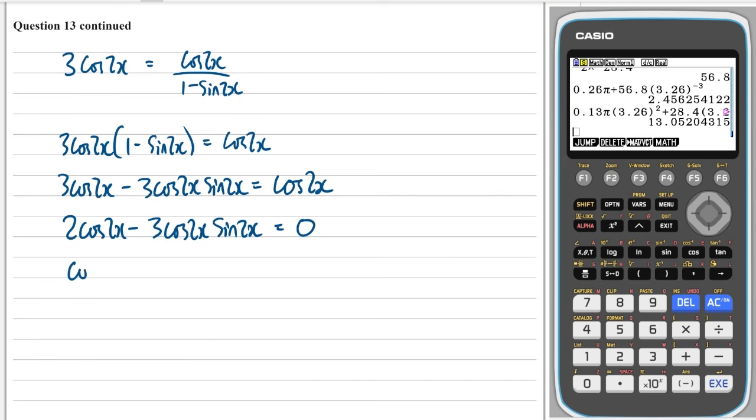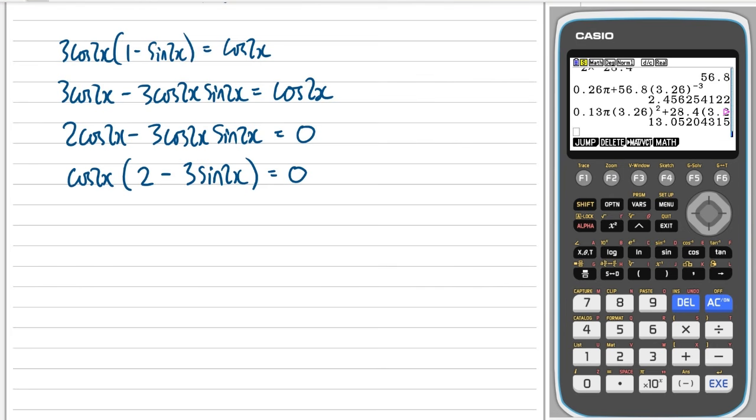So I can take out a cos 2x, and that leaves me with 2 minus 3 sine 2x is equal to 0. Okay, so there's two ways that we can make 0 here. We could either have that cos 2x equals 0, or we can have that 2 minus 3 sine 2x equals 0. And in this case here, this would tell me that sine 2x would equal 2 over 3.